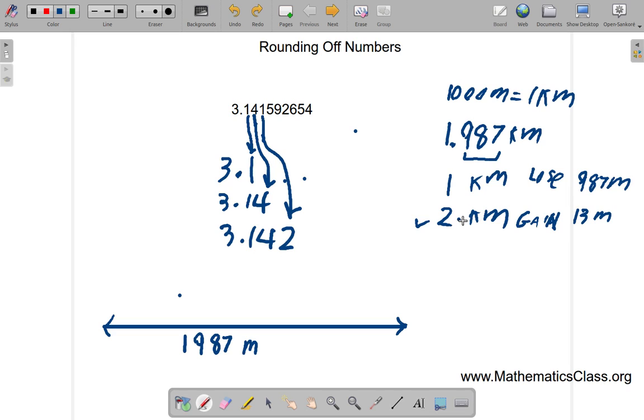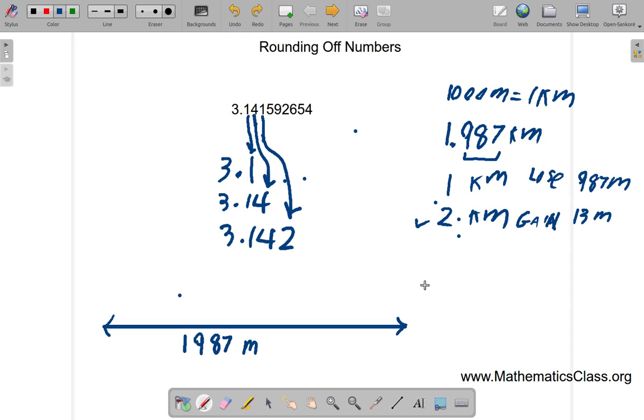So by writing 2 kilometers, you're much closer to the original measurement than if you wrote 1 kilometer. So it's for accuracy. When you round off a number, you lose or gain a certain value. But when you obey that rule, the new number you have is closer to the original number. So it's more accurate when you obey that rule.